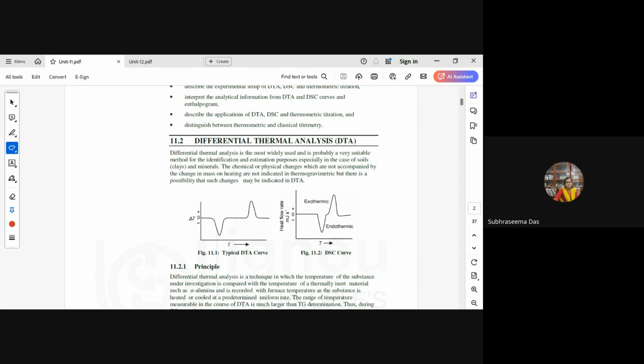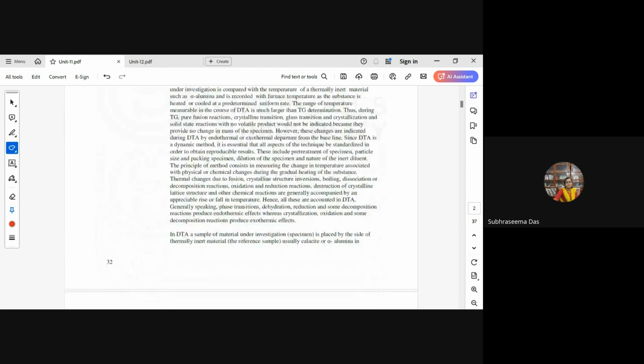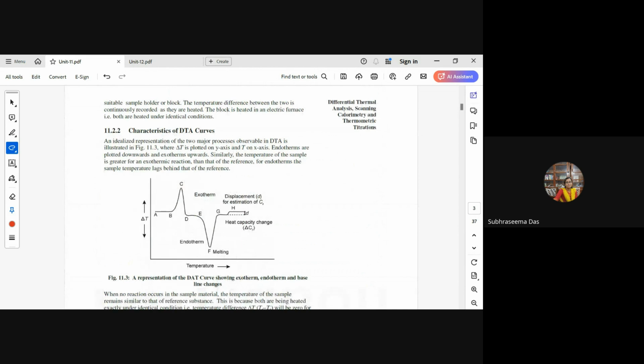In figure 11.1, it shows a typical DTA curve, whereas in TGA, on the y-axis we have the mass loss, whereas on the x-axis only the temperature is plotted.